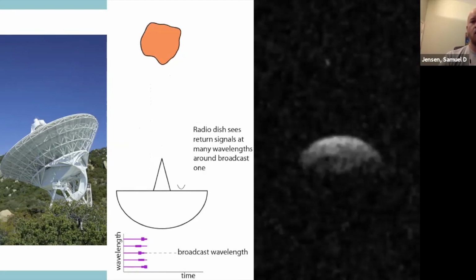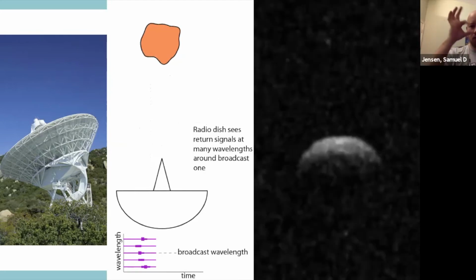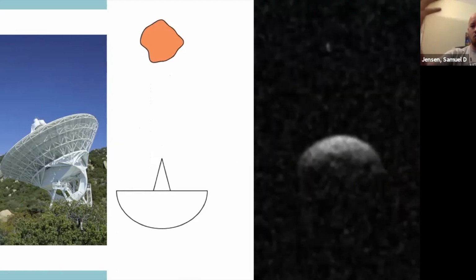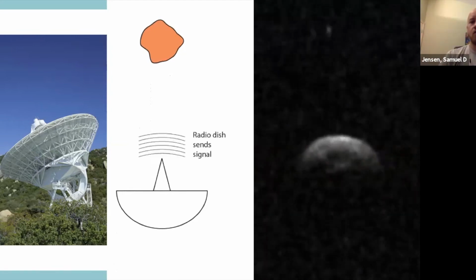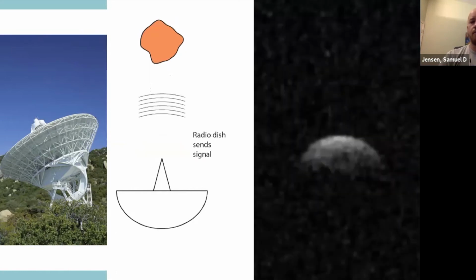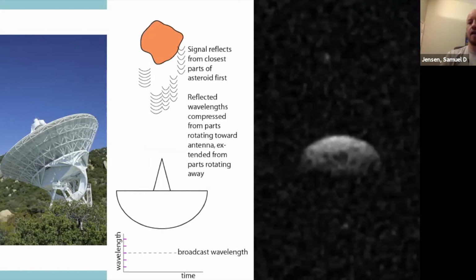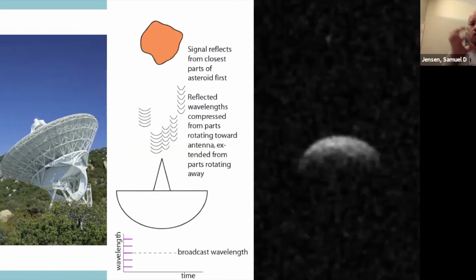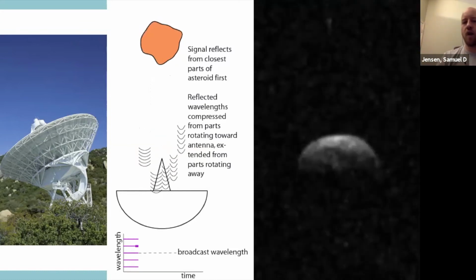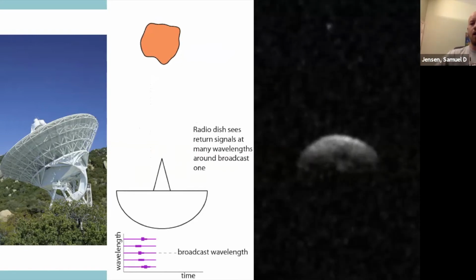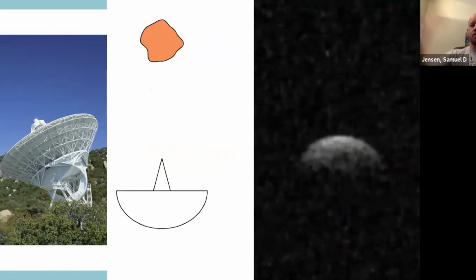When it's dark out, your pupils get bigger in order to accept more light so that you can see. Your pupils get small to limit the amount of light when there's too much information. So in a radio dish, we need a big radio dish in order to accept a lot of information.